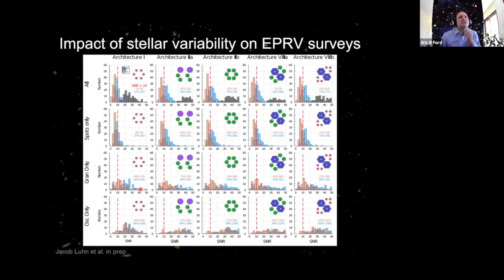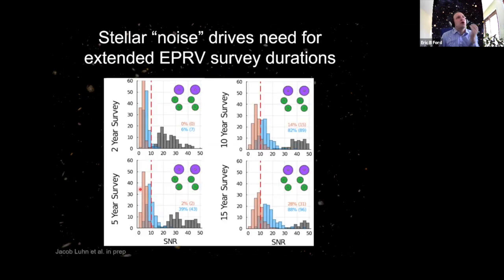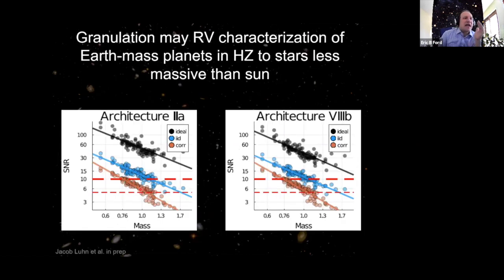The slide I didn't show was for mass. So for lower mass stars, you typically have activity dominated variability, and for higher mass stars, you typically have granulation dominated variability. And what this shows is that once you go above 1 solar mass, even for some of these ambitious architectures with 15-year surveys, you're not able to find Earth analogs in their habitable zone, partially because their habitable zone moves further away, but partially because the granulation is getting worse and not better.